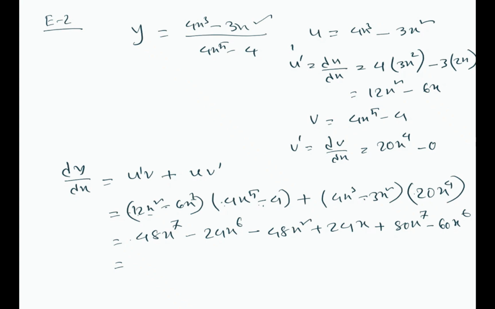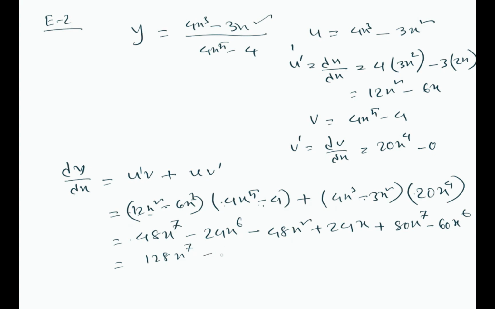So we can write the second line. Here you need to check one thing. We are getting 48x to the power 7 and 80x to the power 7. So 48 plus 80 is 128. So 128x to the power 7.